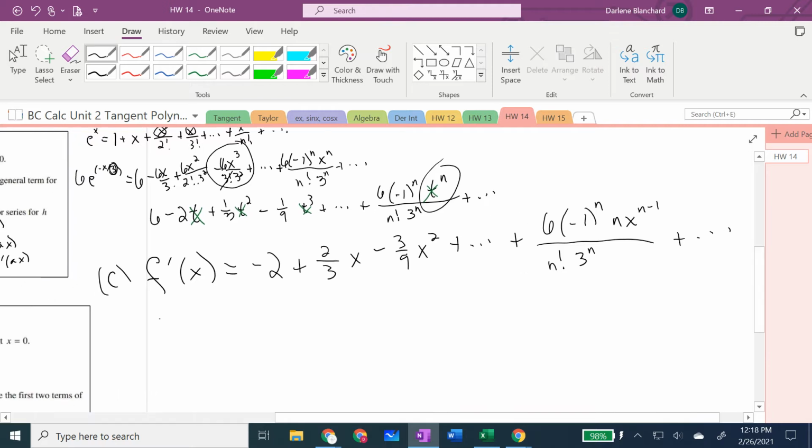So then I'm going to plug a times x in. And right here, plugging it in, I'm just going to get 2a over 3 times x. When I plug it into the x squared, I'm going to get a squared times x squared.